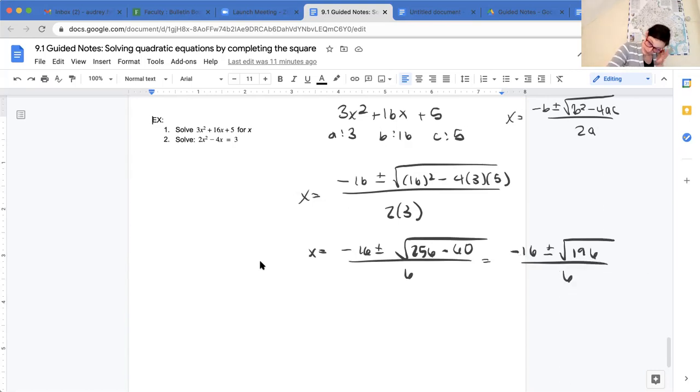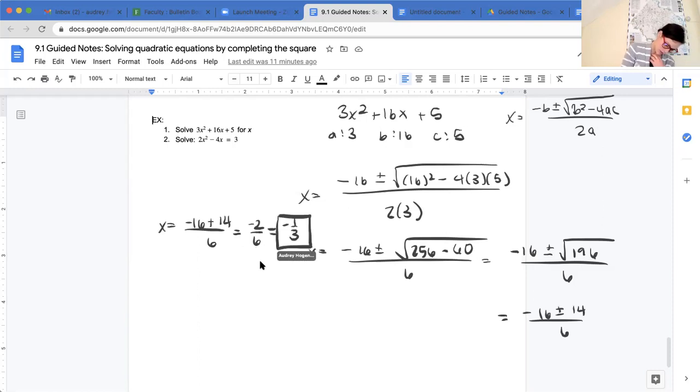Square root of 196 is, little known fact, 14. So we're going to get negative 16 plus or minus 14 over 6. Okay, so then you know that x is equal to negative 16 plus 14 over 6, which is equal to negative 2 over 6, which is negative 1/3.